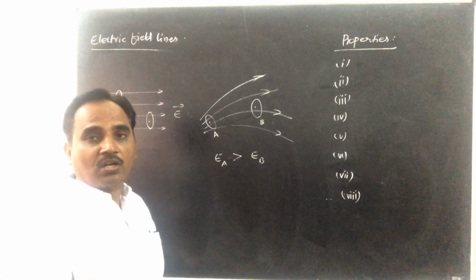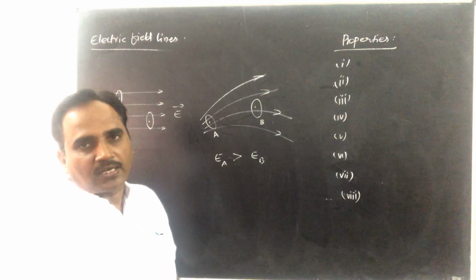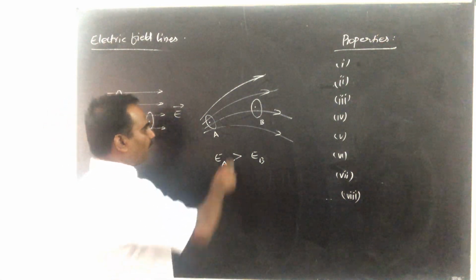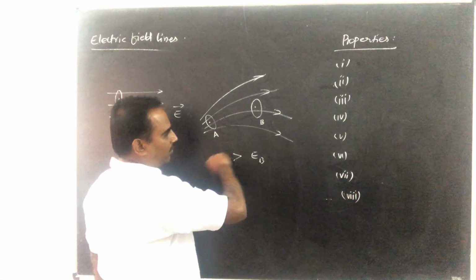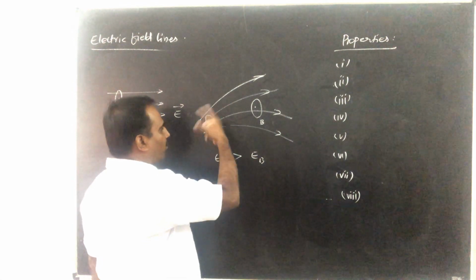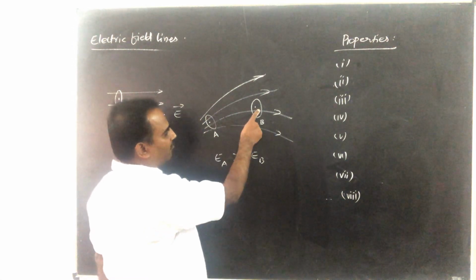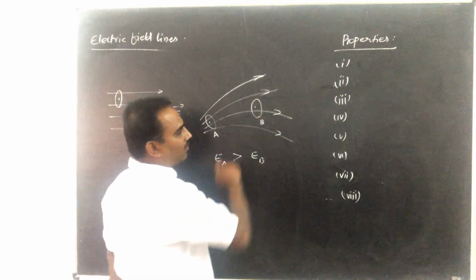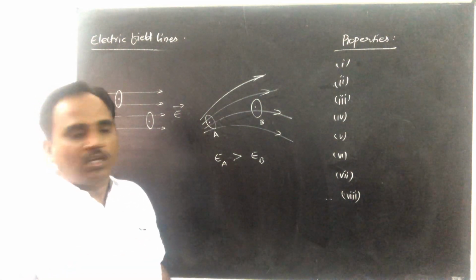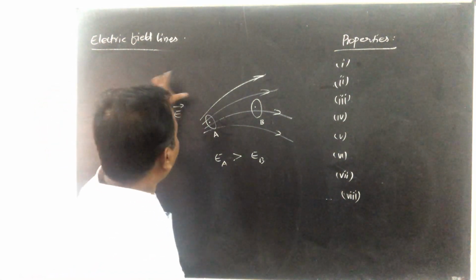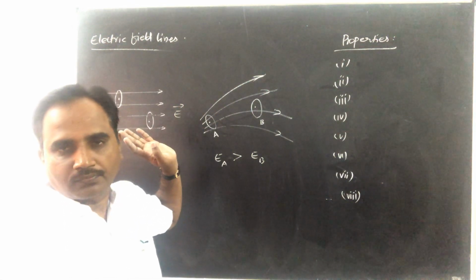So, this is called a non-uniform electric field. Understand? In a non-uniform electric field, these electric field lines are not equally spaced. At a point where the field is stronger, the lines are crowded. At a point where the field is weaker, the lines are wide apart. So, pictorially, a uniform electric field and a non-uniform electric field are represented like this.